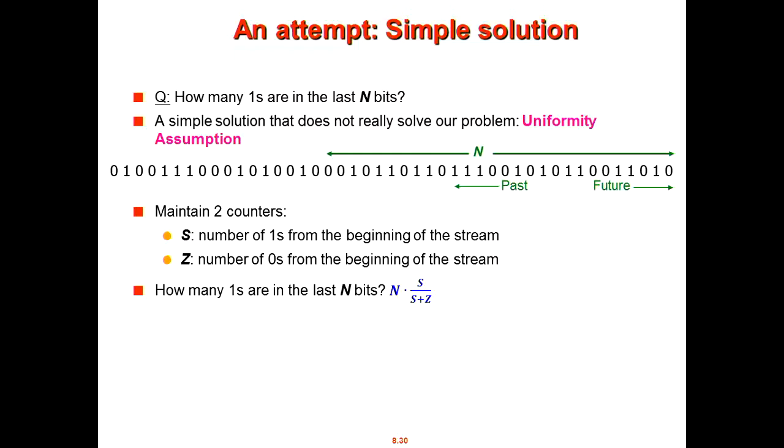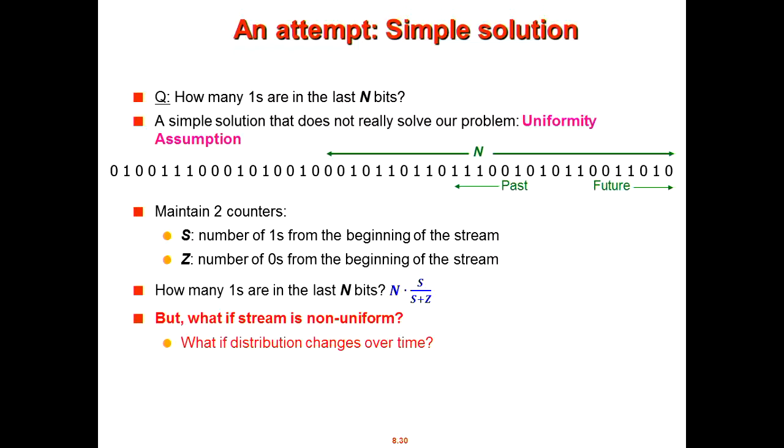So if we do not store the n bits, but we still want to have a guess of how many ones are in the last n bits, we can utilize the historical distribution of 0s and 1s to predict the number of ones. That's n multiplied by the proportion of ones. So that's just one guess.